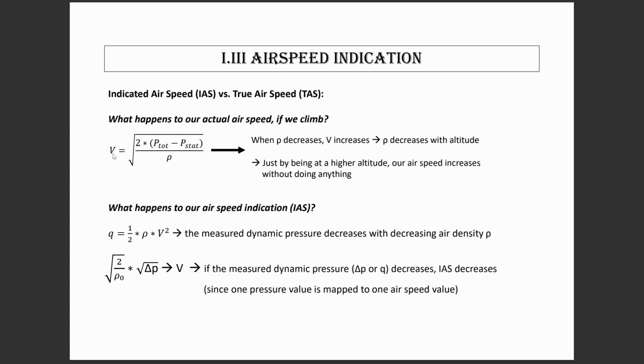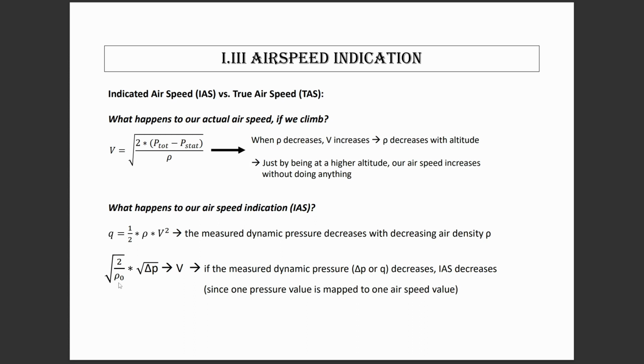Okay, so our indicated airspeed will be lower than our true airspeed actually is, even though we didn't change the speed from flying at a lower altitude and flying at a higher altitude. But the indicated airspeed that's indicated will be lower, and this is why true airspeed and indicated airspeed diverge from one another the higher we go. And the reason for this is simple. The instrument is calibrated for our mean sea level air density.